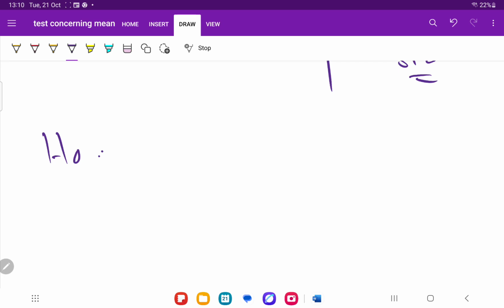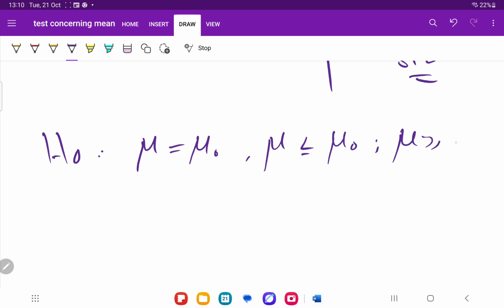In both cases, the hypothesis in the null could be one of three: mu is equal to mu naught, mu is less than or equal to mu naught, or mu is greater than or equal to mu naught.